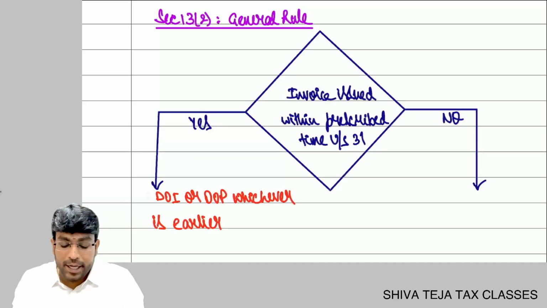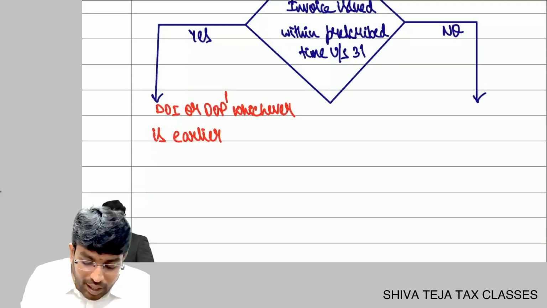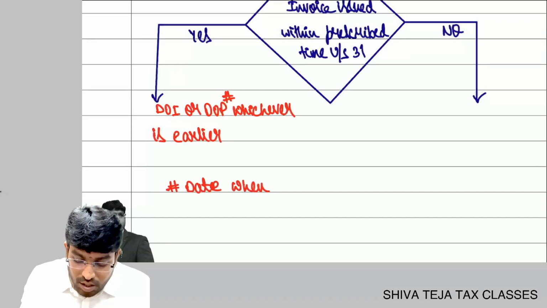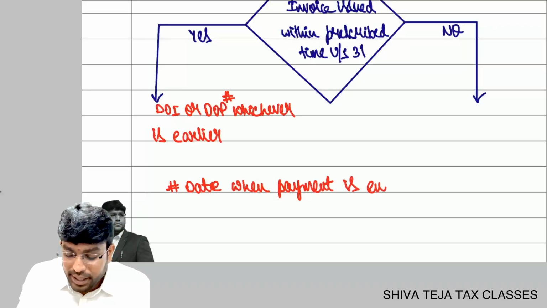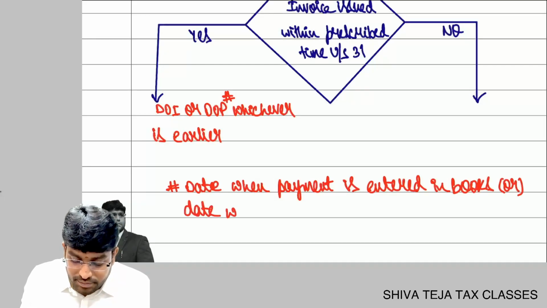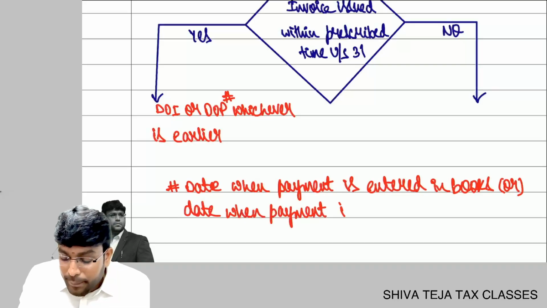And let me tell you, date of payment means the date when payment is entered in books or the date when payment is debited.